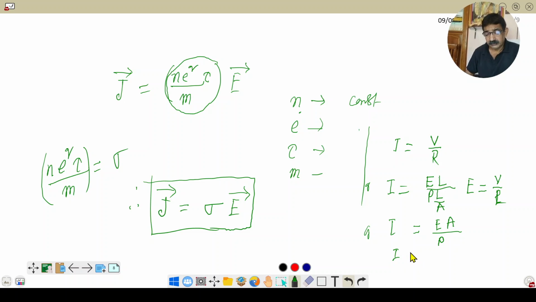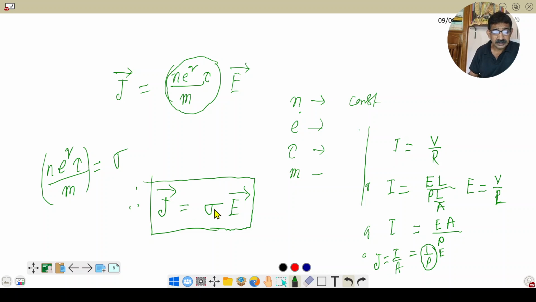or I is equal to 1 by rho into E, I by A, or J is equal to 1 by rho into E. So we can say 1 by rho is equal to sigma. 1 by rho is resistivity.